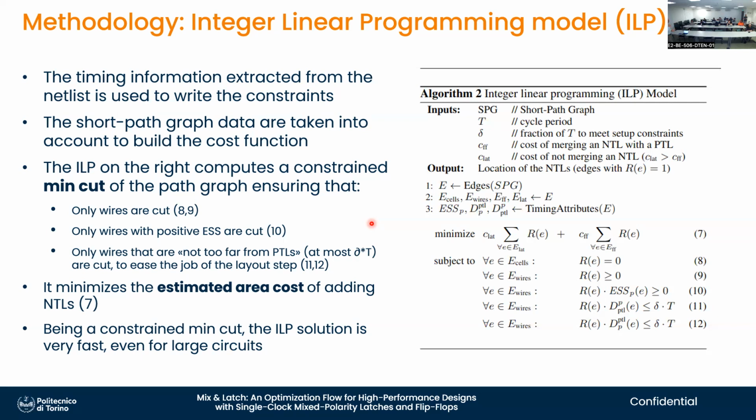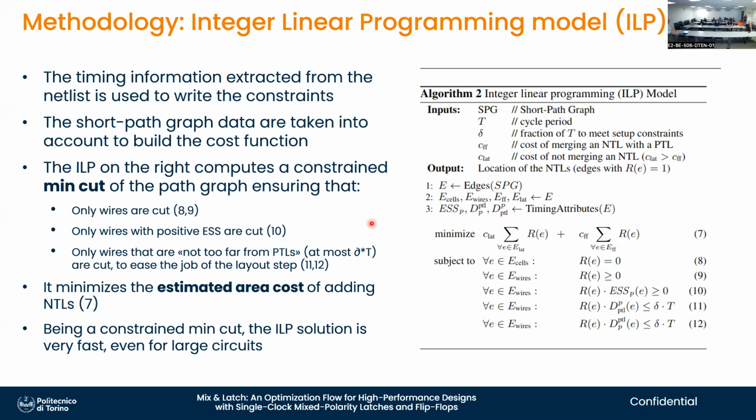Integer linear programming, in principle, is exponential complexity in terms of the number of variables you have to optimize against. That would be very bad. You cannot use ILP in general to solve any complex problems. But this is a special case in which we are almost modeling min-cut. Min-cut has algorithms that can solve it in polynomial time.